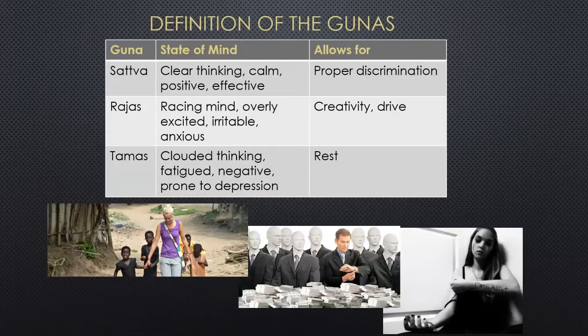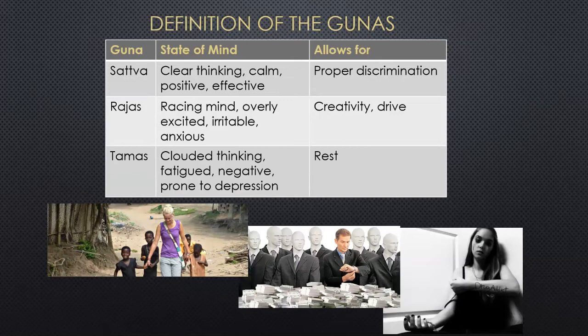As I said, these gunas, sattva, rajas, and tamas, or goodness, passion, and ignorance, describe states of mind such as clear thinking, being calm, being positive, being effective, while rajas is a racing mind, or being overly excited, irritable, anxious. This is the mode of passion.